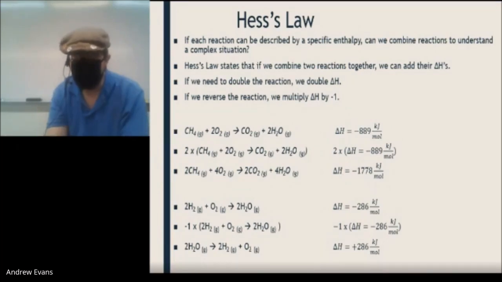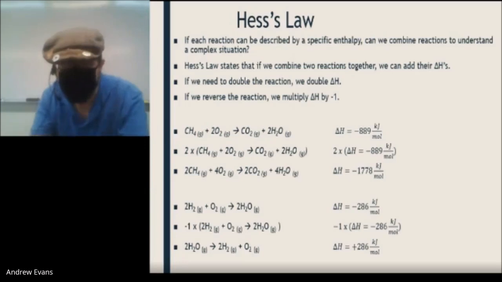Hess's law states that if we combine two or more reactions together, the enthalpy of the sum of the reactions will be the sum of the enthalpies. If we double a reaction, we would essentially double the enthalpy. If we reverse a reaction, we reverse the sign of the enthalpy, essentially multiplying by -1.